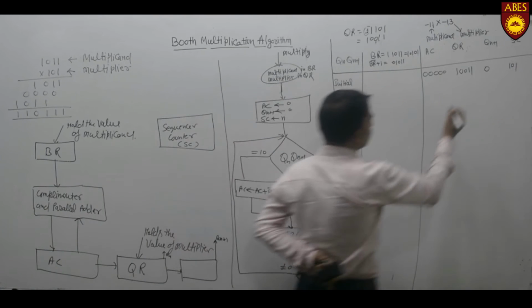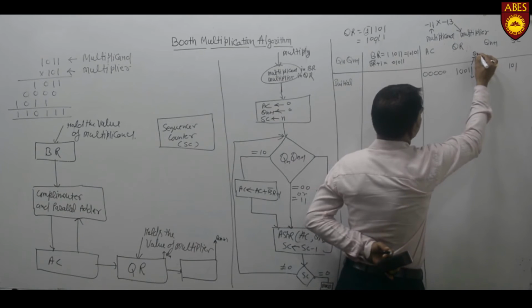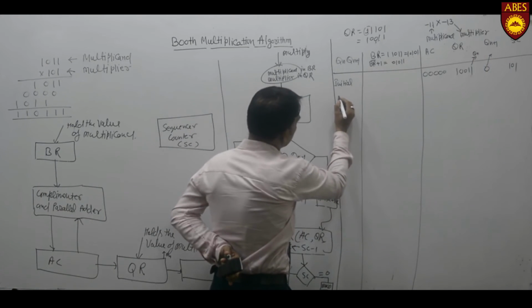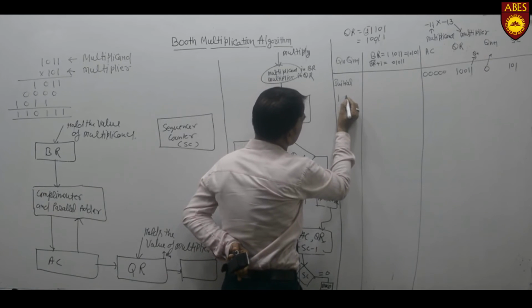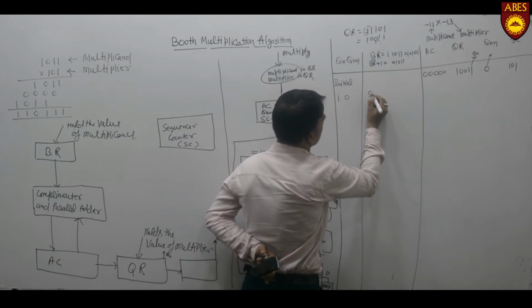Now we check the value of Qn and Qn plus 1. This represents Qn, and this represents Qn plus 1. If the value of Qn and Qn plus 1 is 1, 0, we have to perform the subtraction operation.